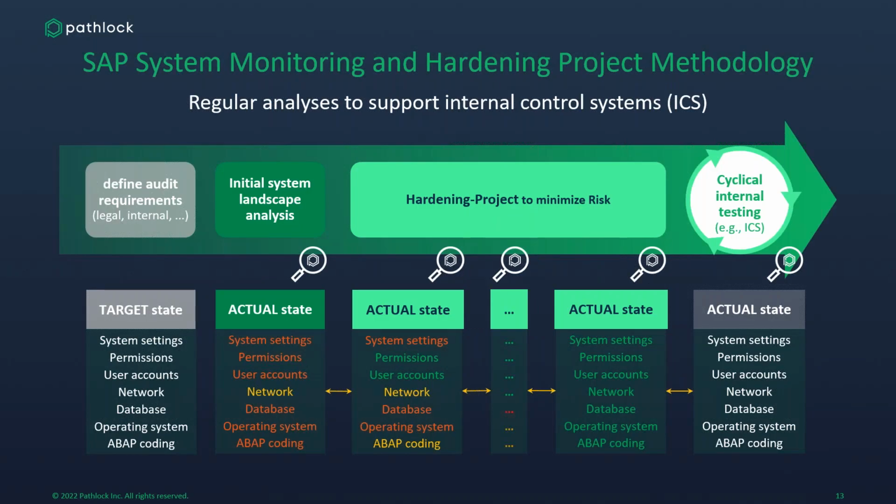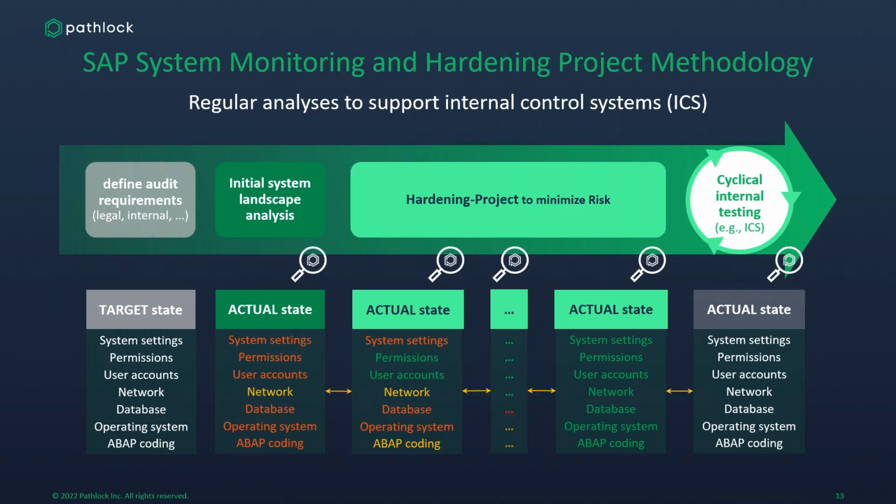System monitoring and hardening project methodology typically starts on the left side by defining the audit requirements, the policy requirements. This is driven on the one hand by the actual situation in the security area, what the vulnerabilities are, also impacted by the customer's business type.